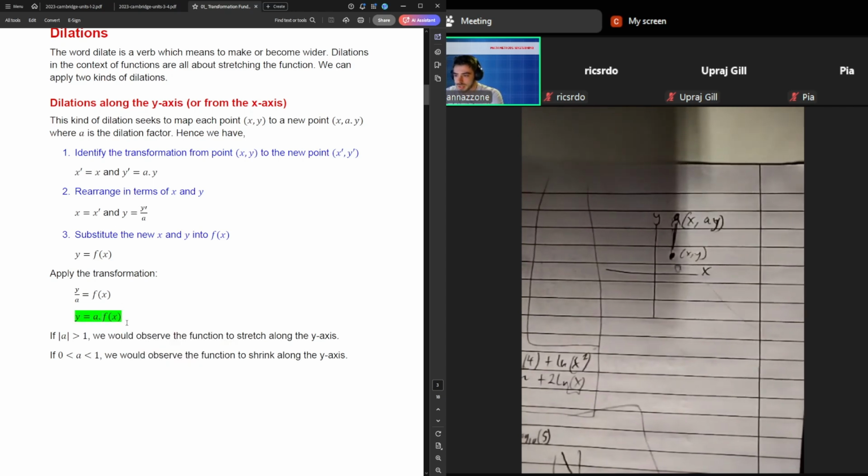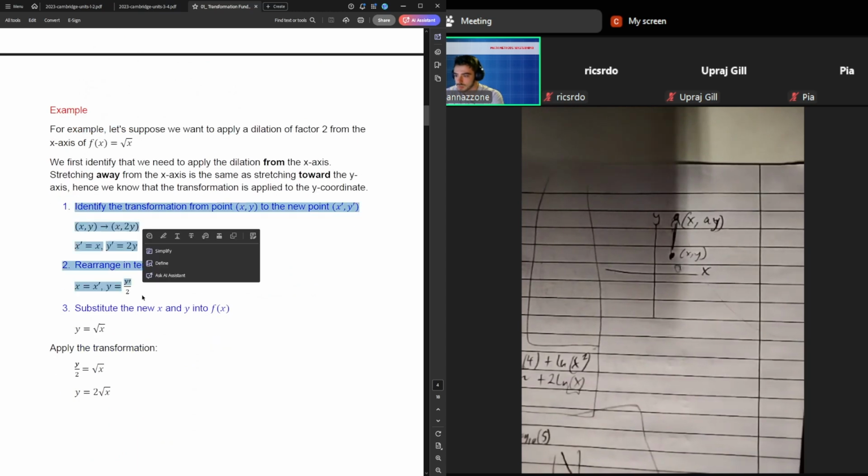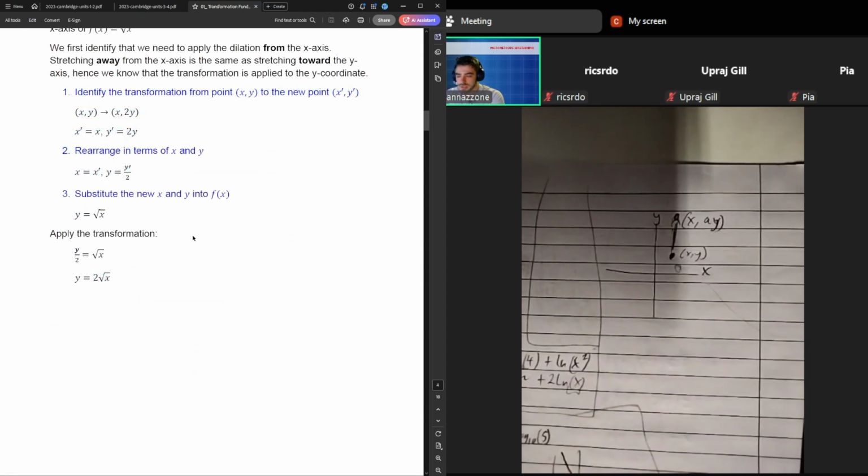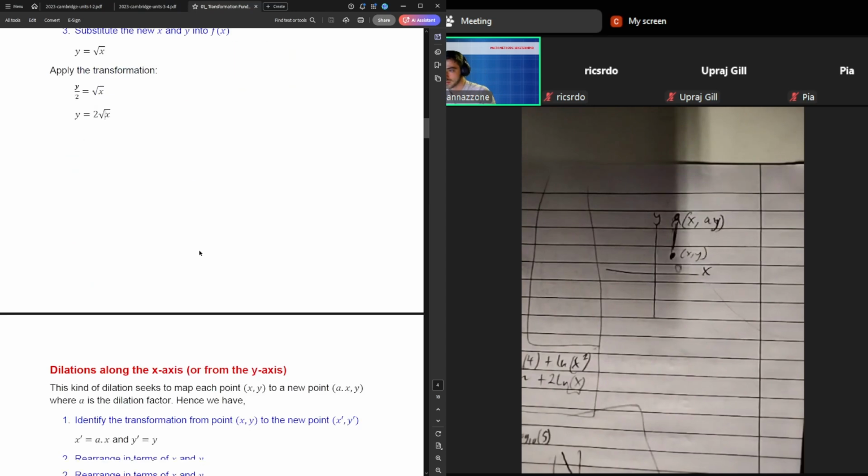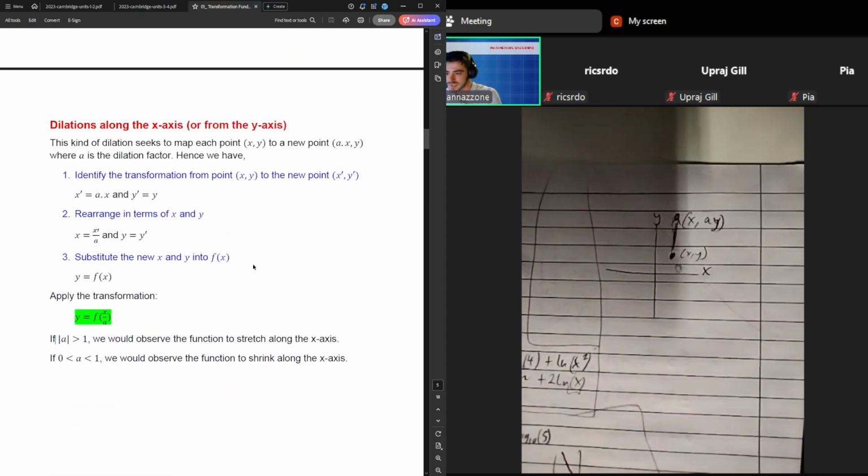A multiplication of a on the entire function is a dilation along the y or from the x. So you can skip all of this and just go straight to multiplying the 2 out the front. If you have these simpler examples, by all means just use the shortcut. But we will have a look at this process because it helps with the more complicated scenarios.